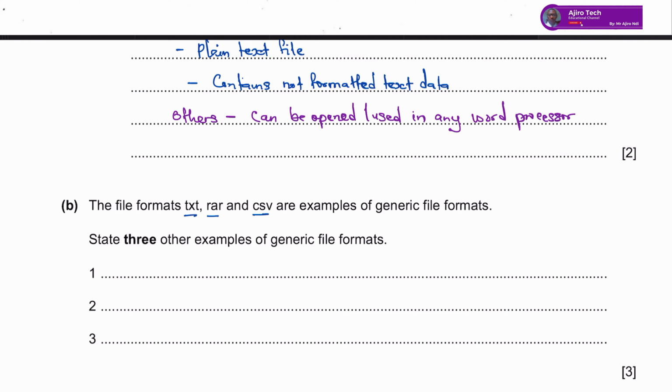Yes, they are generic file formats, but it's important to know that TXT, RTF, and CSV are generic text file formats. So know the difference. And the RAR is a generic compressed file format. That's why they say they are generic file formats.